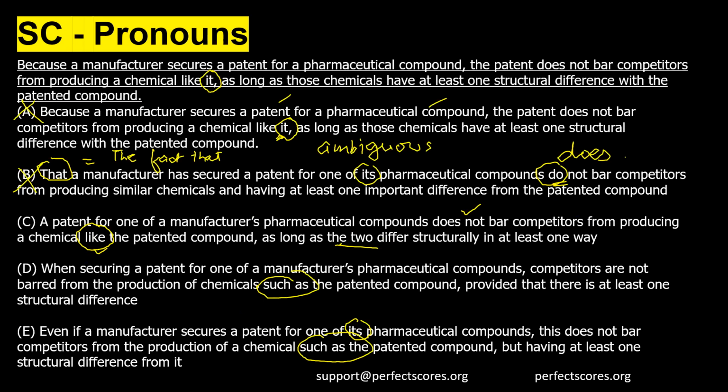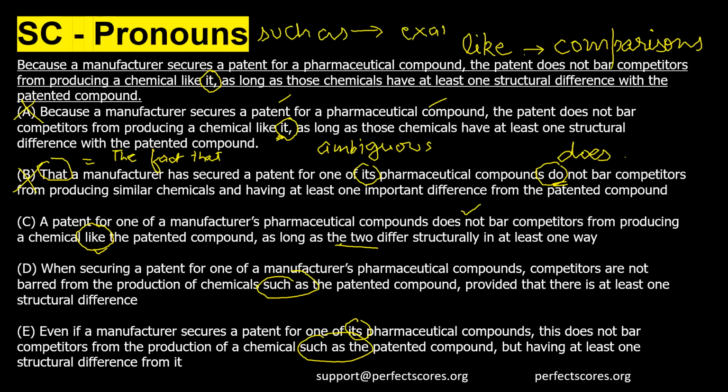This is something that we'll do once we cover the errors related to comparisons, but I'll still summarize what the difference is. Basically, like is used whenever we make comparisons, when we are comparing two things. Such as is used whenever you want to give examples. So, for example, my company has many patents, such as a patent for this and a patent for that.